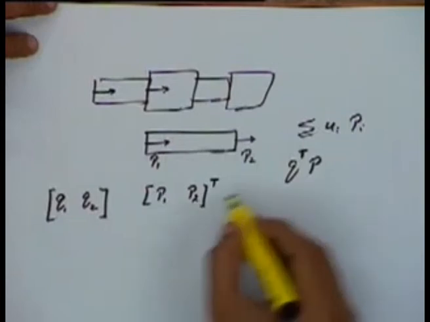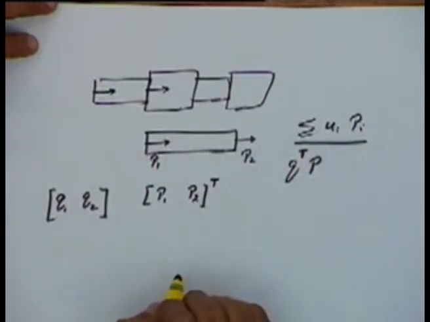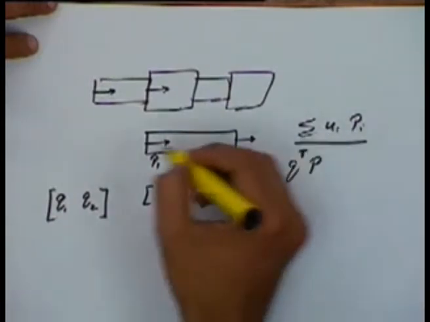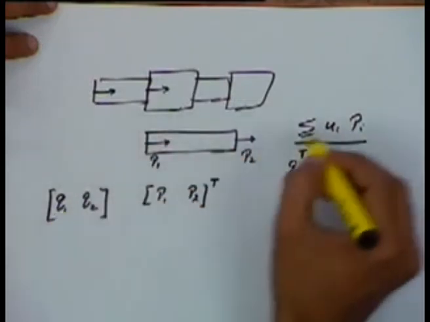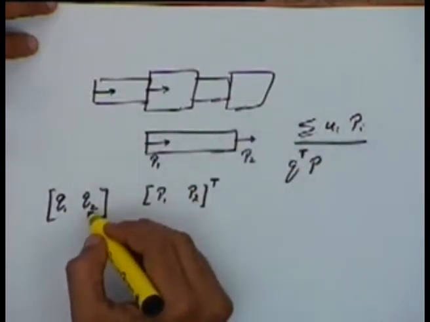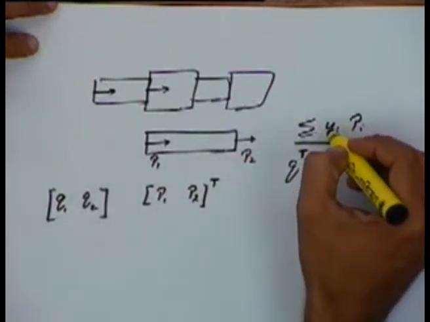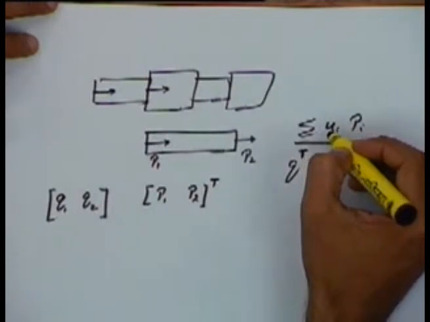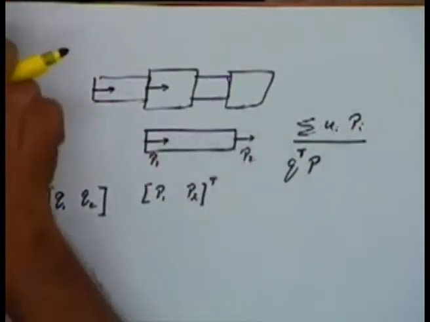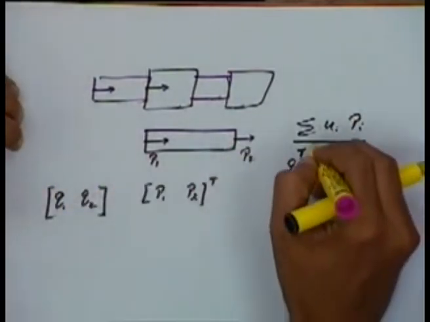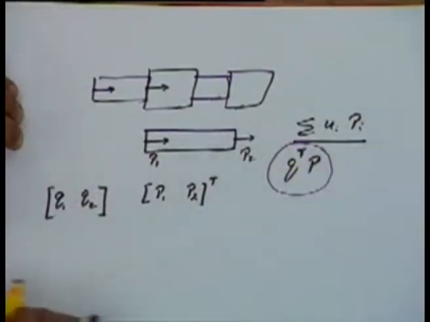Okay, the product of these two will give me this term, because u at this point is nothing but q1 and u at this point is nothing but q2. Okay, because this u is the deformation. Okay, so the potential energy contribution because of point loads in this element, I can write it like this.